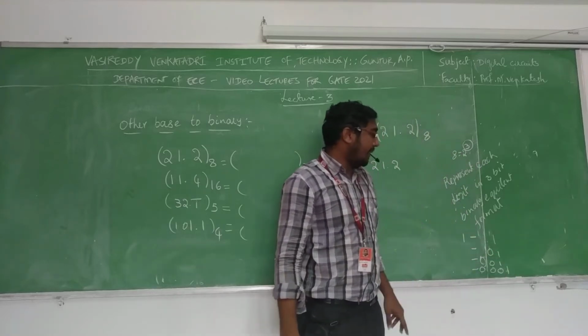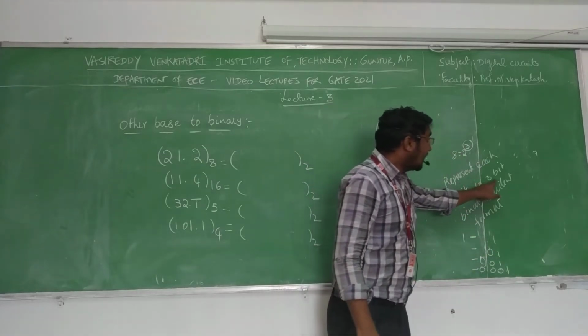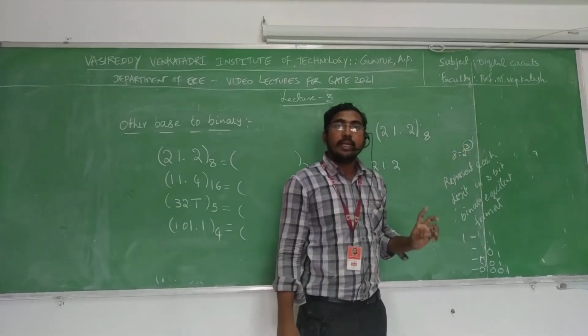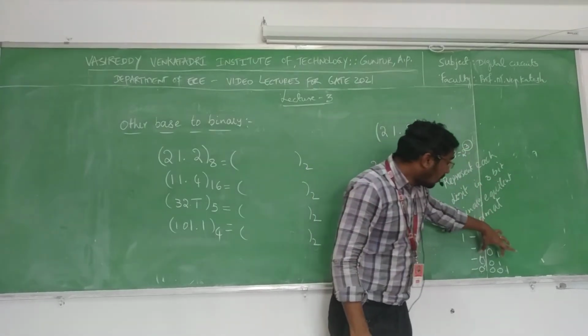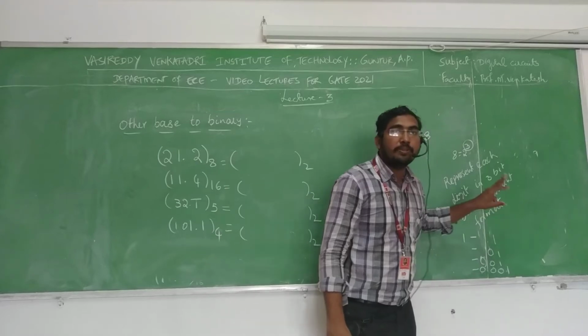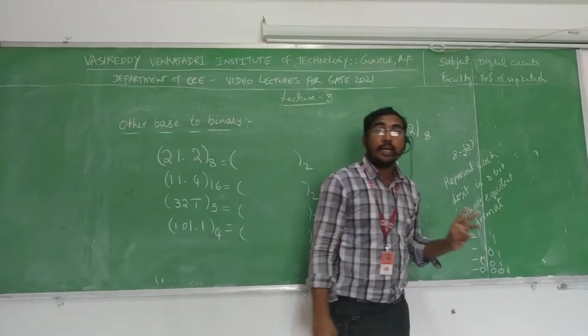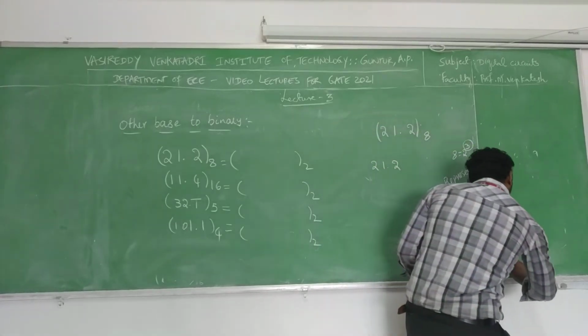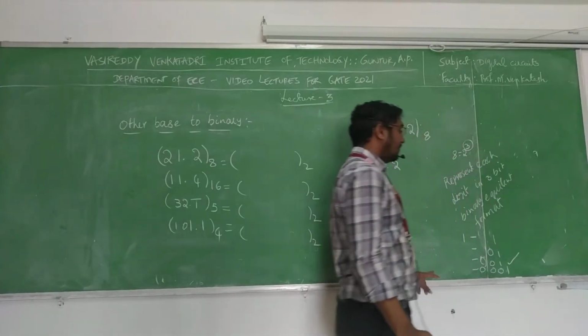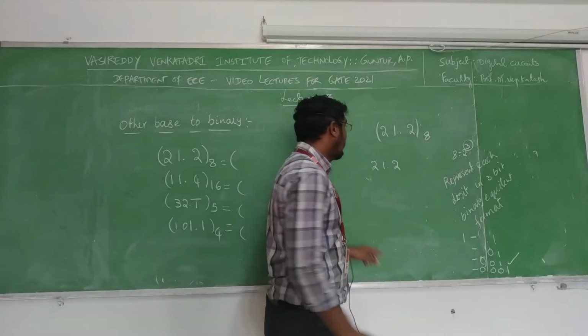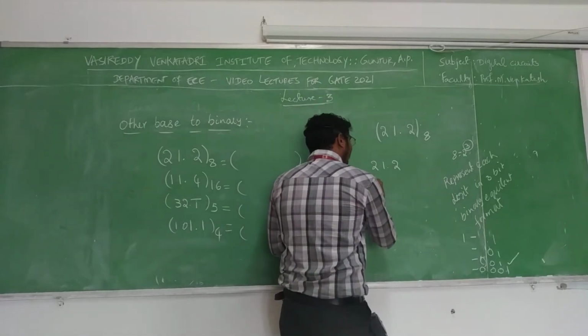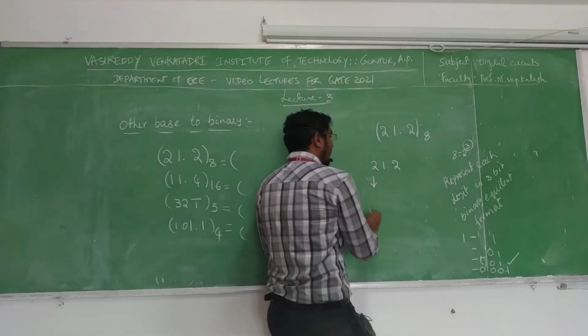Among these 4 representations, we will take the 3-bit representation. 3-bit representation means, if we count the number of bits present, that must be 3. In the third representation, 1, 2, 3, there are 3 bits. So we consider the 3-bit representation 0 0 1 for 1. Now, each digit has to be represented in 3 bits.